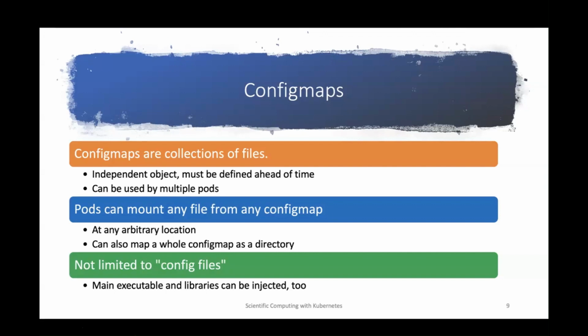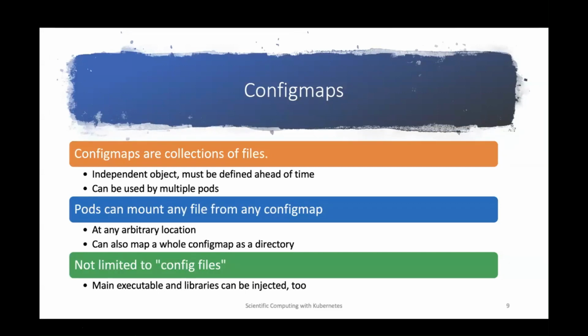There's really no restriction on where you want to put them. You can even set permissions for each and every one of them. Typically, you will map each and every file independently, but you can even mount them all inside a directory if that's more convenient.